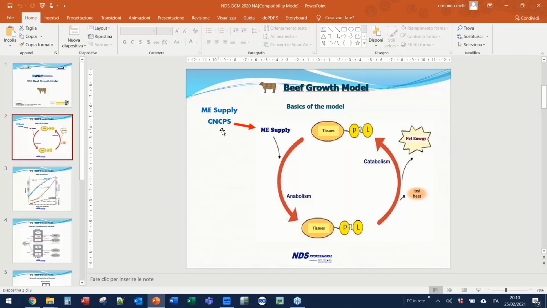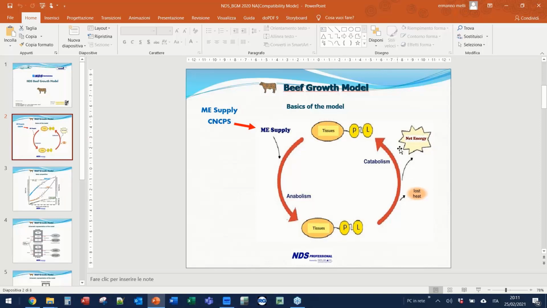We calculate the ME supply based on the CNCPS model, and we use this ME supply to make some evaluation about the anabolism of the tissues versus the catabolism of the tissues in order to evaluate the net energy available starting from the ME supply based on the CNCPS.